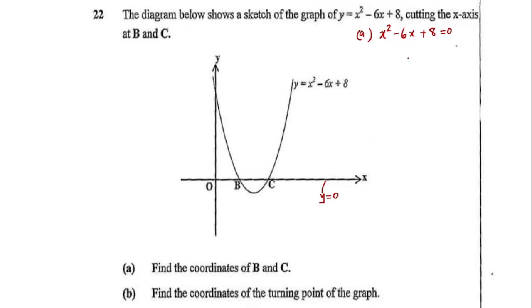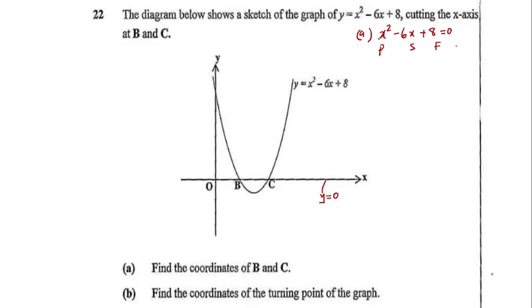So how do we solve this equation? We're going to solve it by factorizing. We'll look for the product, the sum, and then the 2 factors. How do we find the product?